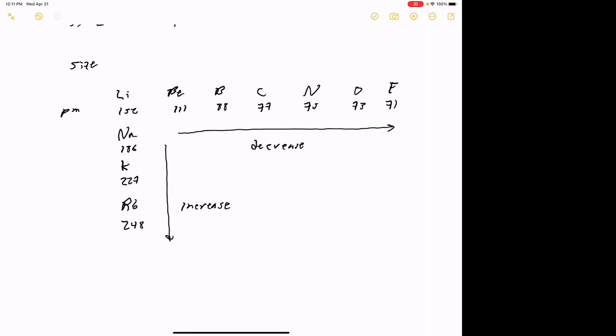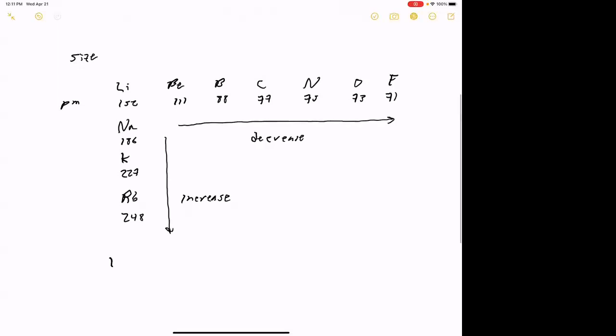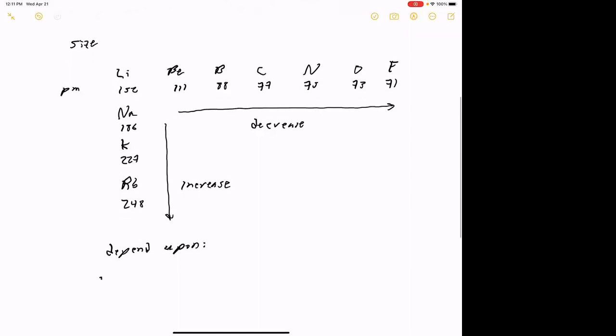In other words, let's think about where the electrons are going and why the trend would be as it is. The things that the trends depend upon are the following. The first thing is the principal energy level of the outermost electrons. Again, what's really defining the size of the atom?